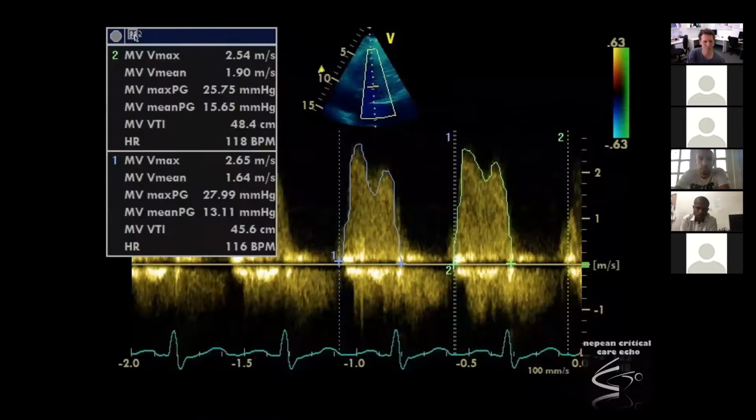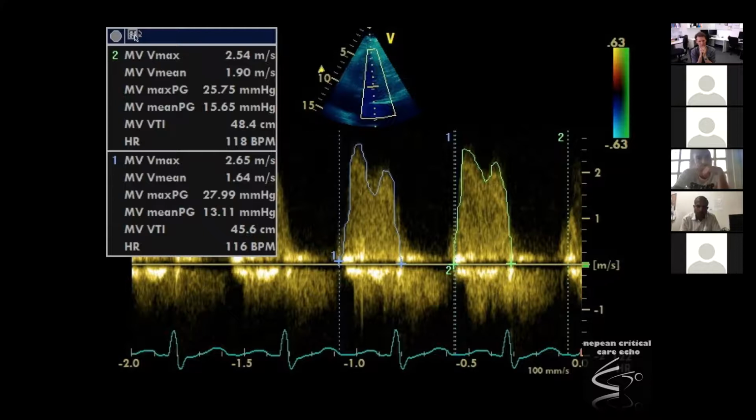Anyway. So let's talk about the mean gradient. So where are we at? Vishal, what do you think about this? We could have traced it better. That's the first thing. I was not very happy with the second trace.